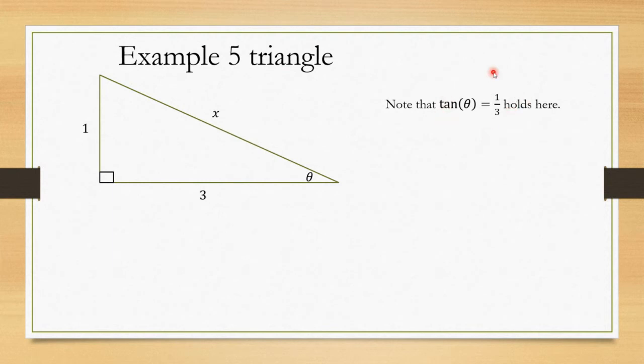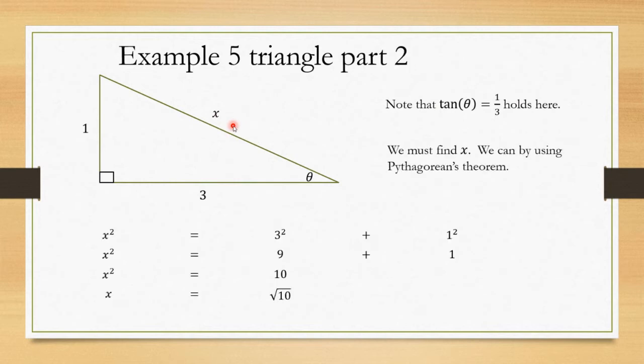Now, what about this side? This side we don't know anything about, which is the hypotenuse. I'm calling it x because it's unknown. How do we find it? We use Pythagorean's theorem. Namely, 1 squared plus 3 squared equals x squared. If you want, a squared plus b squared is c squared, where c is basically x here.